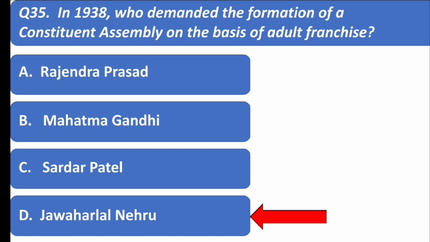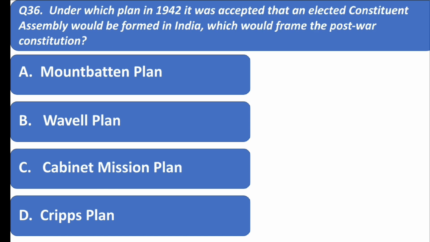Answer is option D. Jawaharlal Nehru. Under which plan in 1942 it was accepted that an elected Constituent Assembly would be formed in India which would frame the post-war constitution? Answer is option D. Cripps Plan.